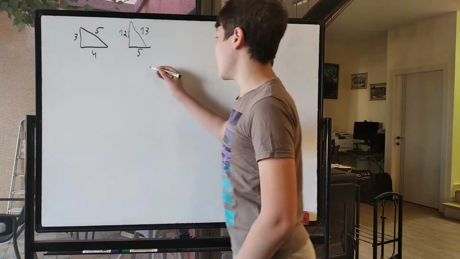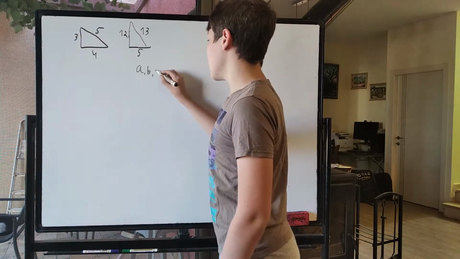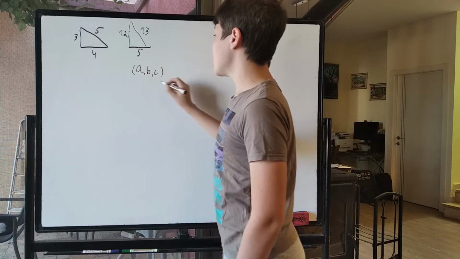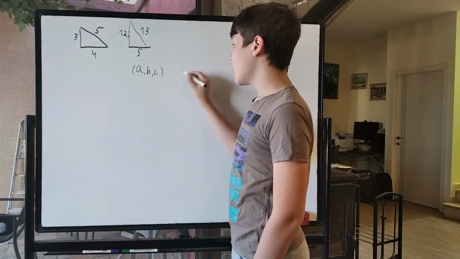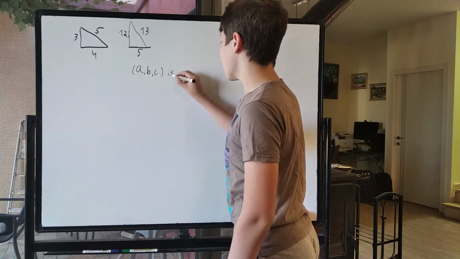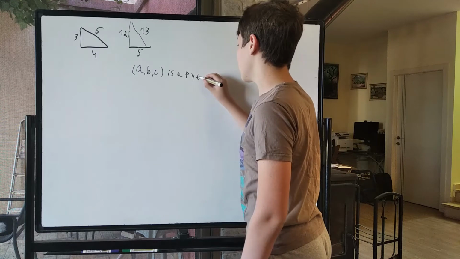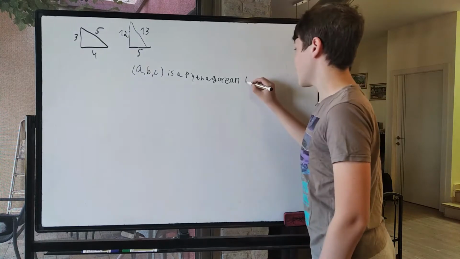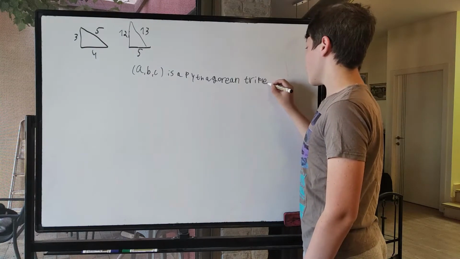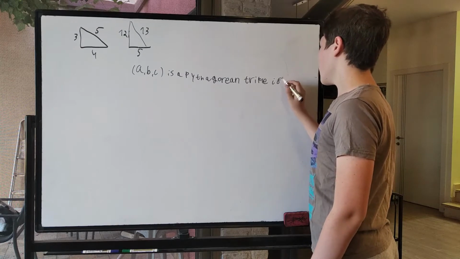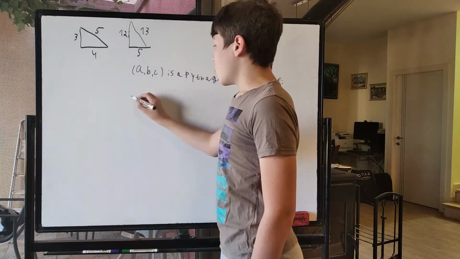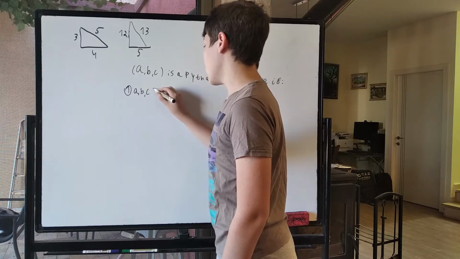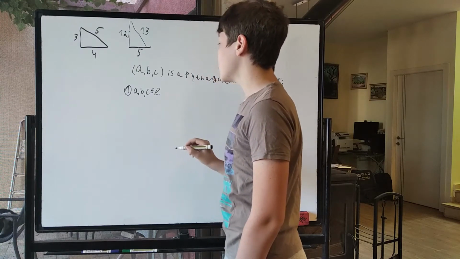So basically, what we want is that A, B, C is a Pythagorean triple if, one, A, B, and C are whole numbers.